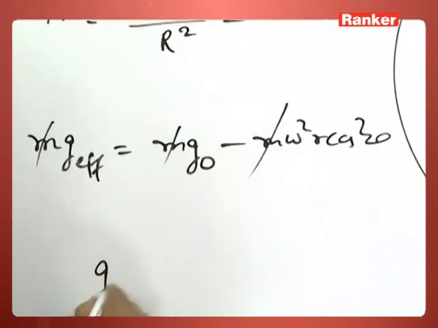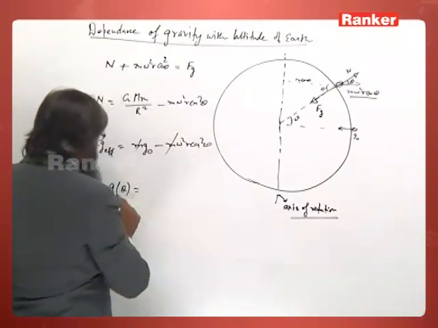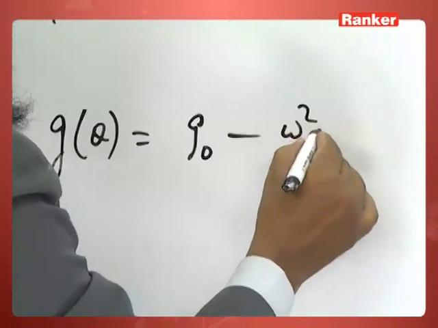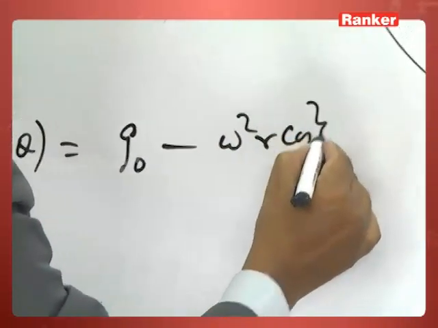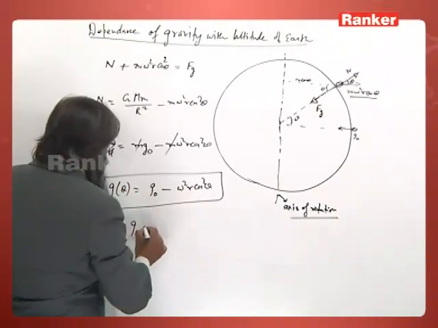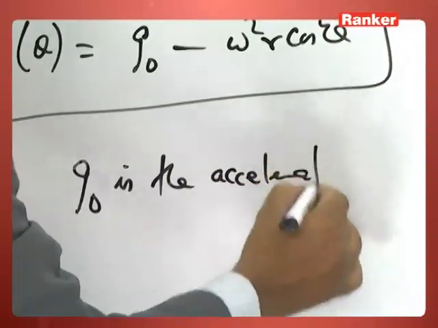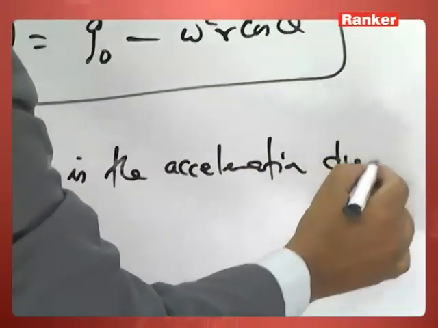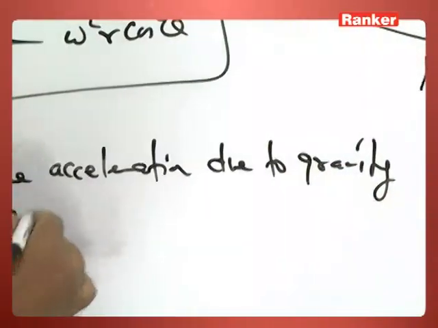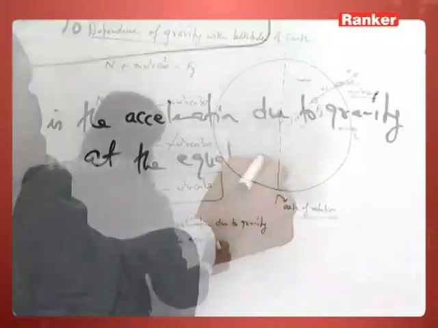Cancels. So g at an angular position theta, at the latitude theta, is g naught minus omega square r cos square theta, where g naught is the acceleration due to gravity at the equator.